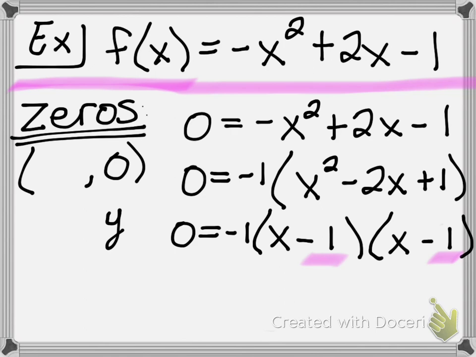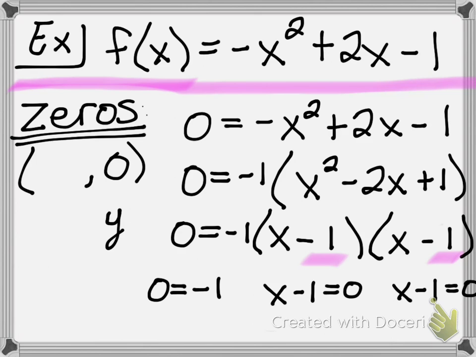Okay, then we set each part of this factored equation equal to 0, including the GCF here. All three parts. Well, this first one doesn't make sense at all. So just cross that off. Don't worry about it.